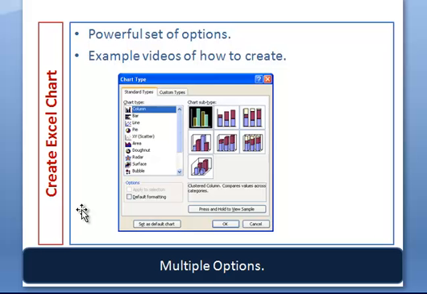There are examples of each one of the major chart sets, but I encourage you to discover on your own. It's kind of fun to play around and look at the different charts.